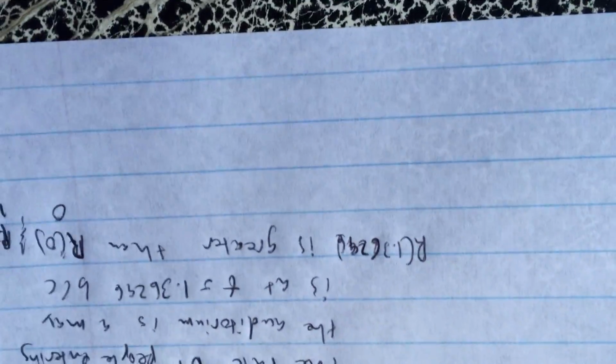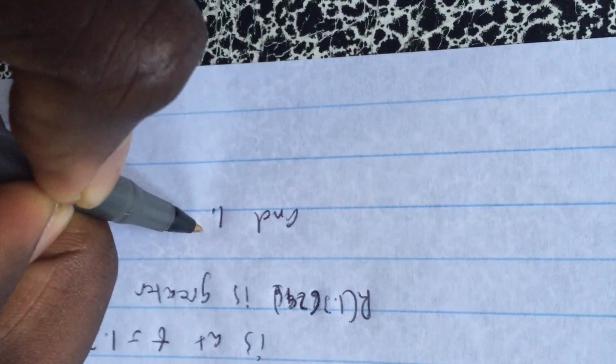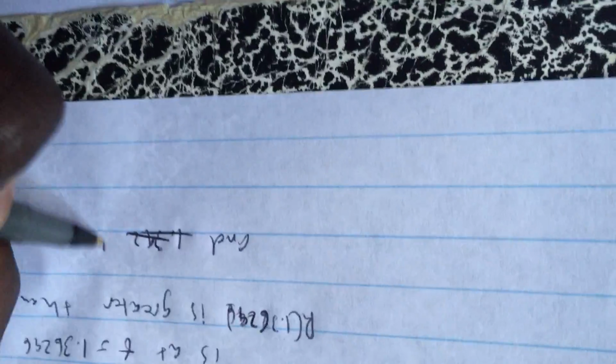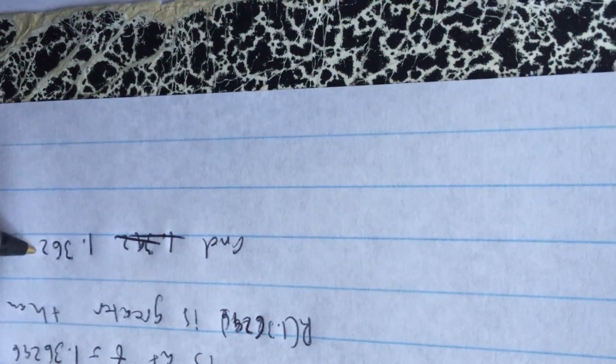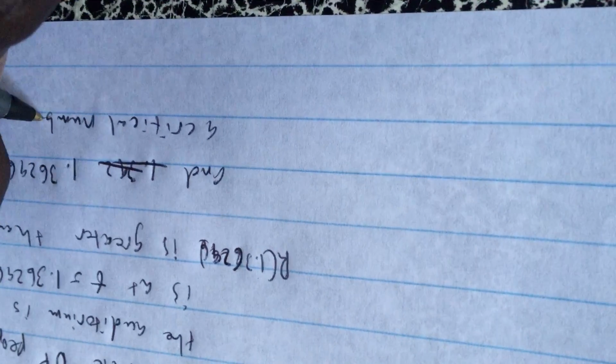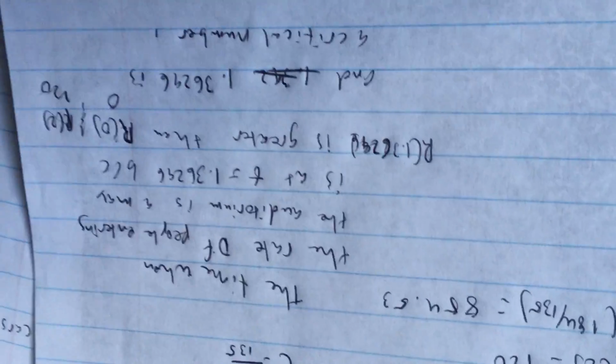So it's greater than those, and 1.36296 is a critical number. With it being a critical number and greater than the two endpoints, it is a max, and it fits the criteria for being a max.